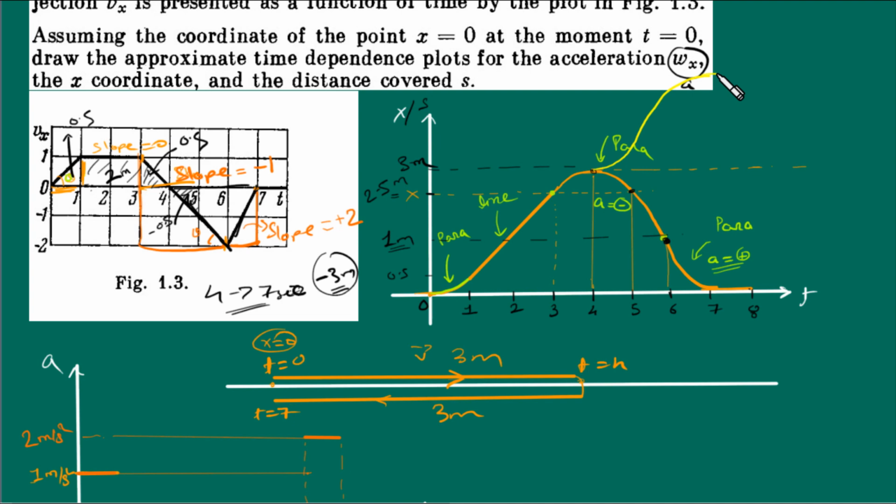I hope, students, you got how to draw the graph. And yes, total distance will be 6 meter. So the distance versus time graph will be like this. Okay students, I hope you understood how to draw the graph.